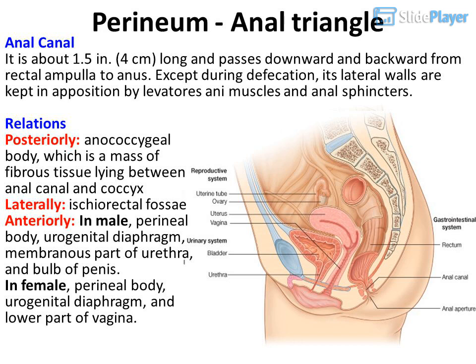Relations: posteriorly, the anococcygeal body, which is a mass of fibrous tissue lying between the anal canal and the coccyx; laterally, the ischiorectal fossa; anteriorly, in the male, the perineal body, urogenital diaphragm, membranous part of the urethra, and bulb of the penis. In the female, the perineal body, urogenital diaphragm, and lower part of the vagina.